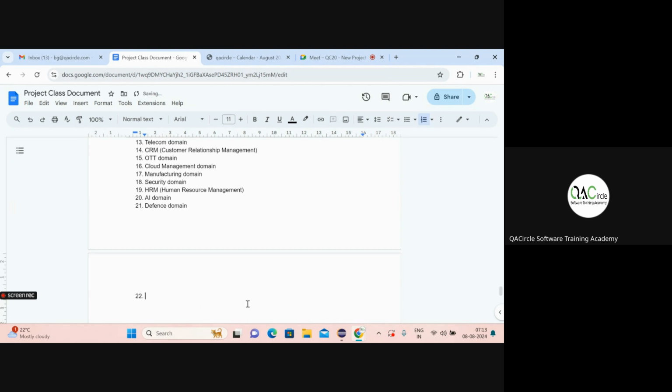Nobody will be having any access to defense. Only a person who has authority can access it. Fine. I can say ERP, enterprise resource planning.